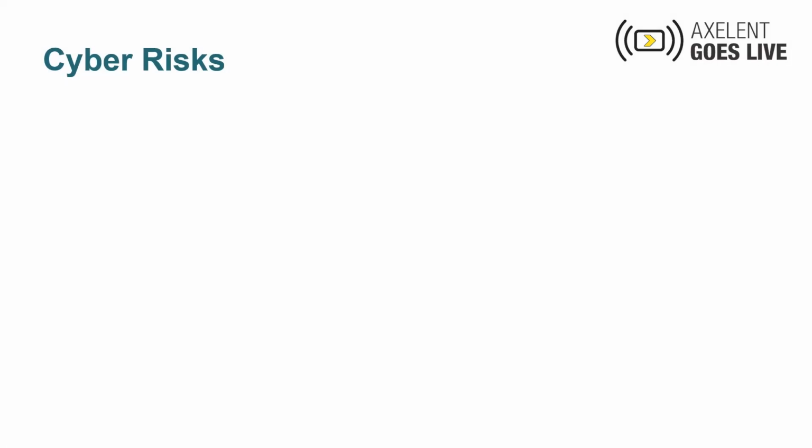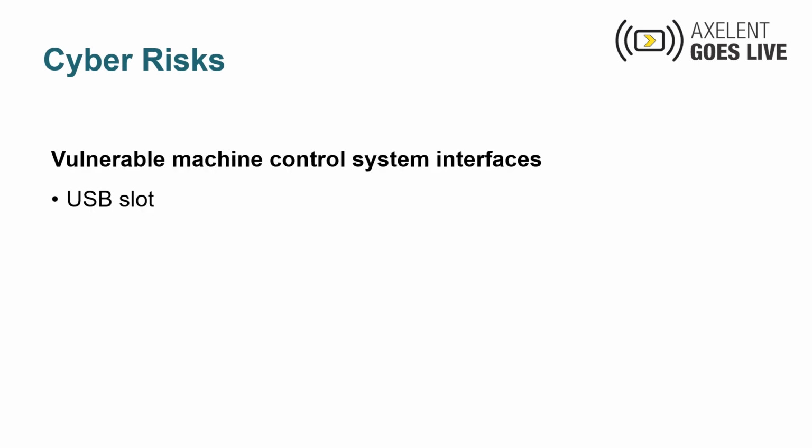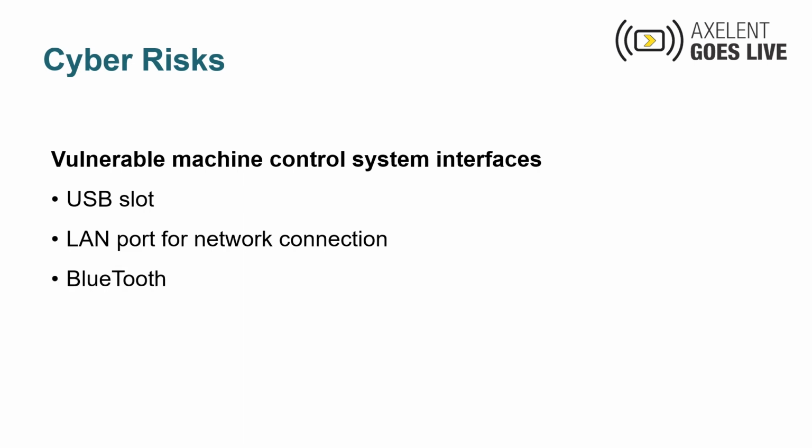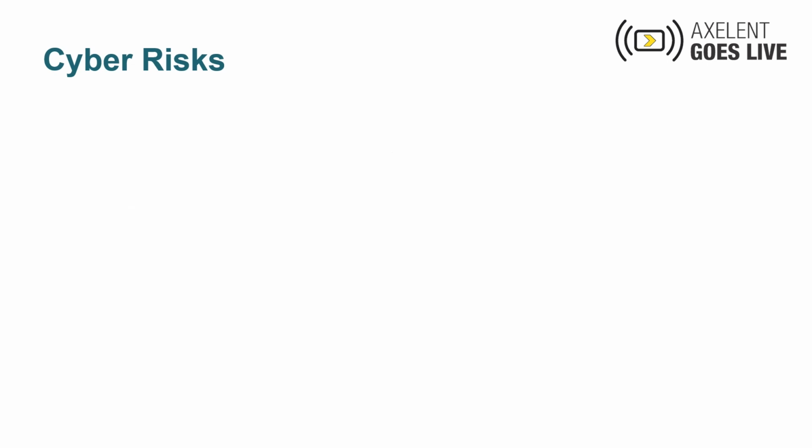Many machine control systems today have digital interfaces, such as a USB slot, a LAN connection, Bluetooth, and Wi-Fi. And all of these interfaces could be used to corrupt the software running on the controller. If safety-related software is corrupted, that could become dangerous.